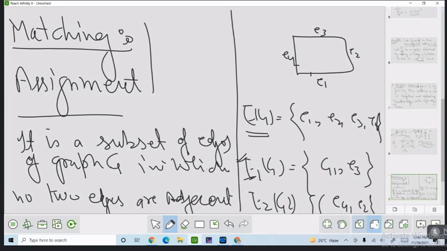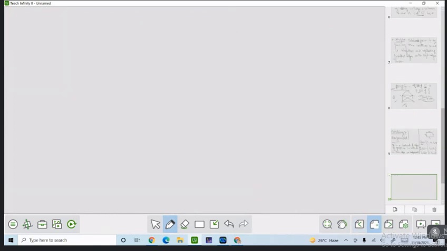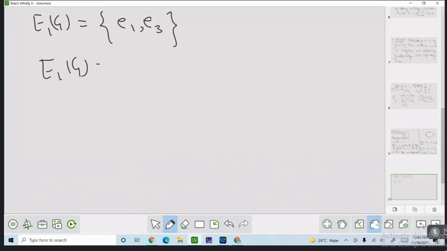Okay, come to here. I am writing here: E1, E3 is a matching which contains E1 and E3. Clear? It is a matching. If I add one more edge, suppose E1, E2, E3, now is it a matching?